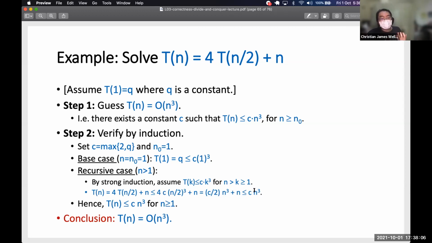Actually this is fine, because this one over here, Cn cube over 2 plus n, is upper bounded by Cn cube over 2 plus Cn cube. Actually, no, sorry. This is upper bounded by Cn cube.